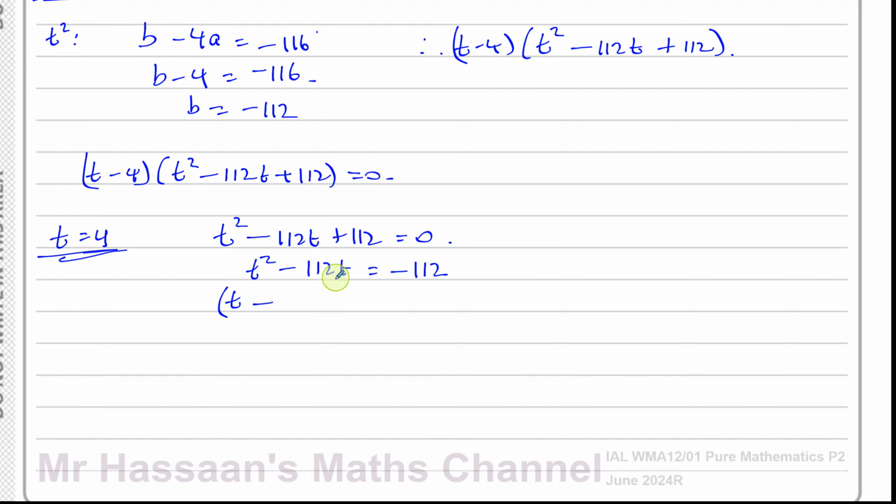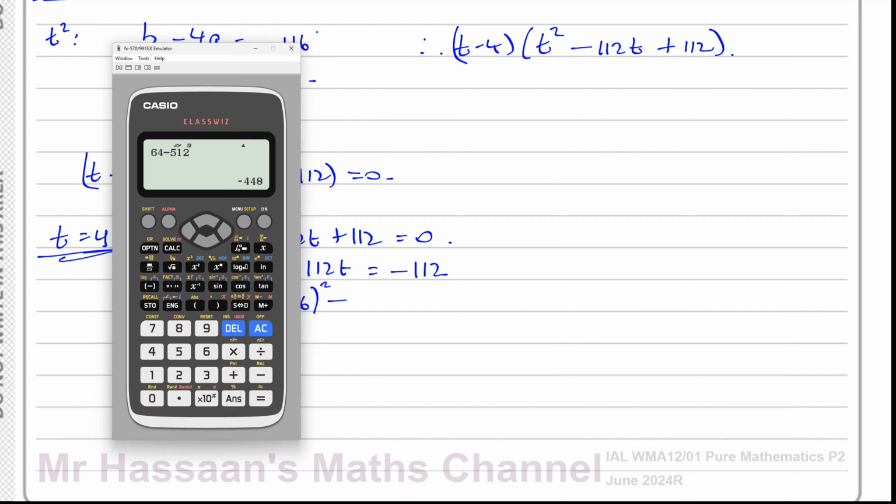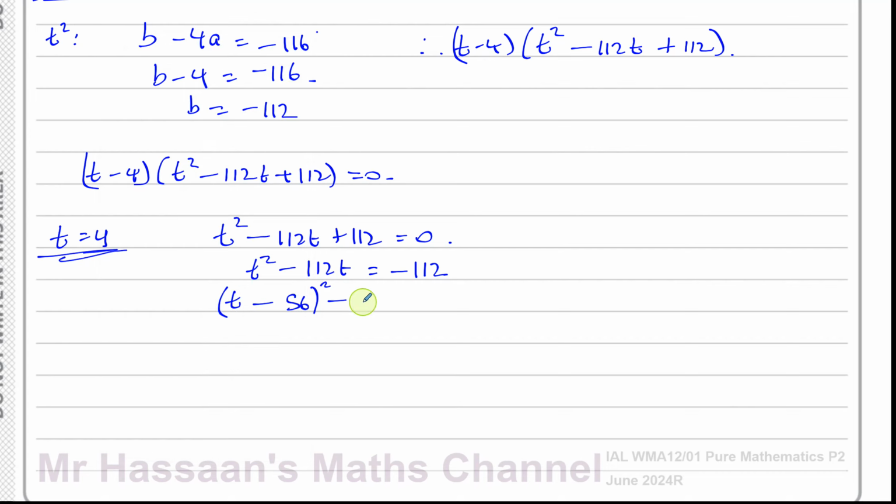So now I have t minus a half of 112, which is 56. t minus 56 squared minus, now we're going to do the square of 56. So 56 squared gives us 3136. And that's equal to minus 112.